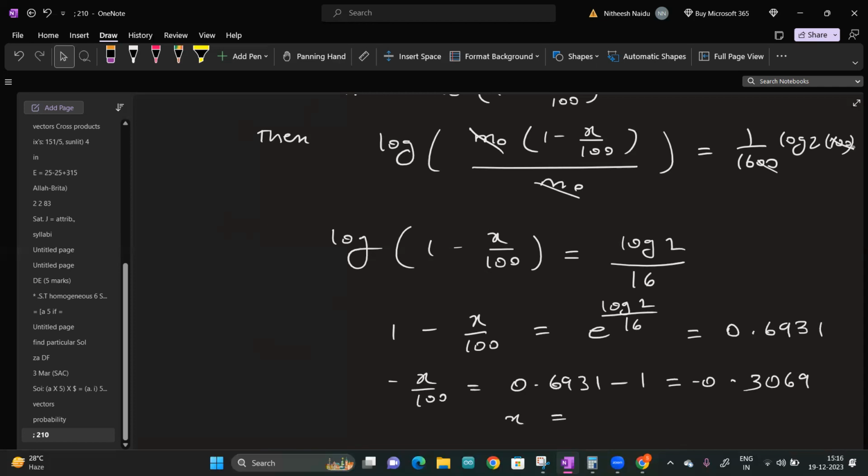Therefore X, with the minus signs cancelling, is 30.69 left.